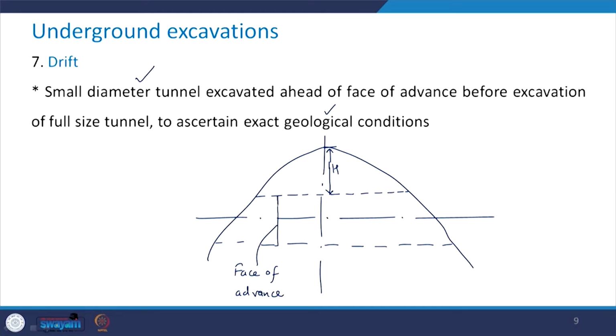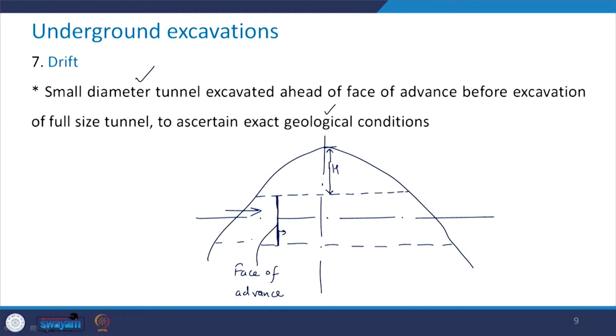So, the tunnel has been excavated up to this place. Let us say the tunnel is being excavated in this direction, and up to this face it has already been excavated. Now, we want to be certain about the exact geological condition beyond this point.